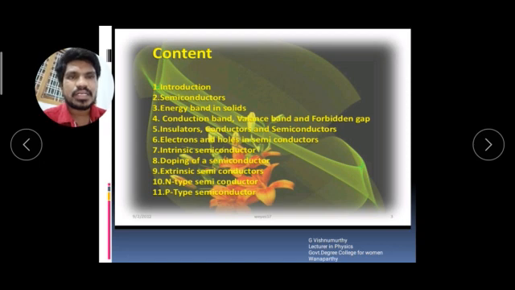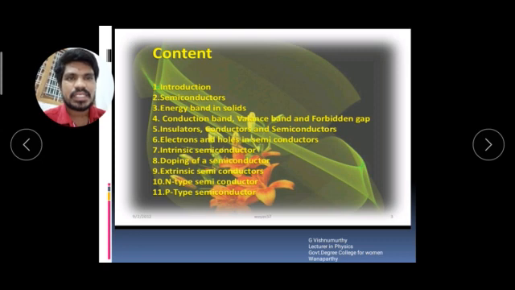Depending upon the forbidden energy gap, the materials are divided into 3 types, that is insulators, conductors, and semiconductors.